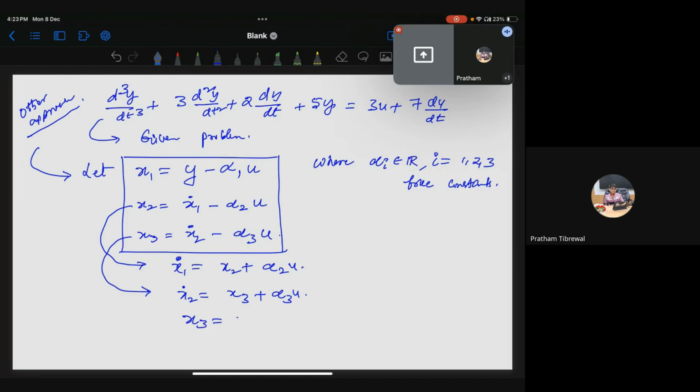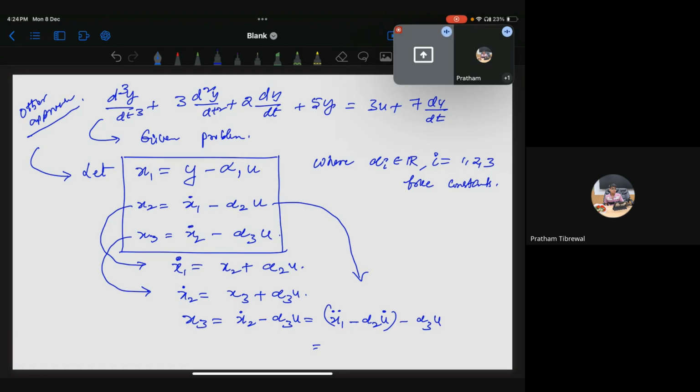We can write x2 dot minus alpha 3 u. What is x2 dot? Directly from here, x1 double dot minus alpha 2 u dot, correct? Minus alpha 3 u. Am I correct?